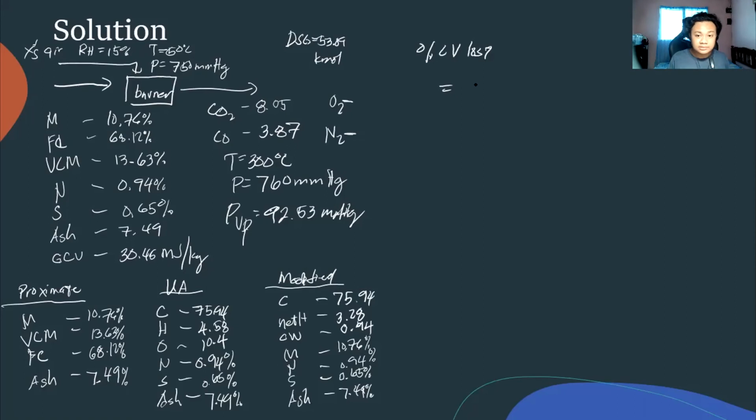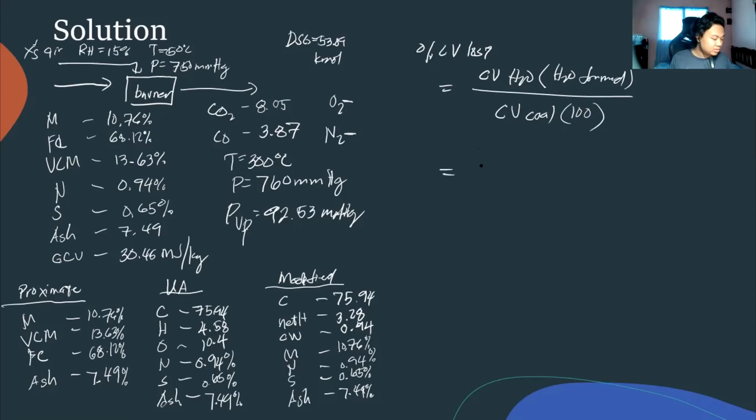So we have the CV or calorific value of H2O times the weight of the H2O formed over the CV of coal, times 100. Because this is our basis, di ba, 100 kilograms.